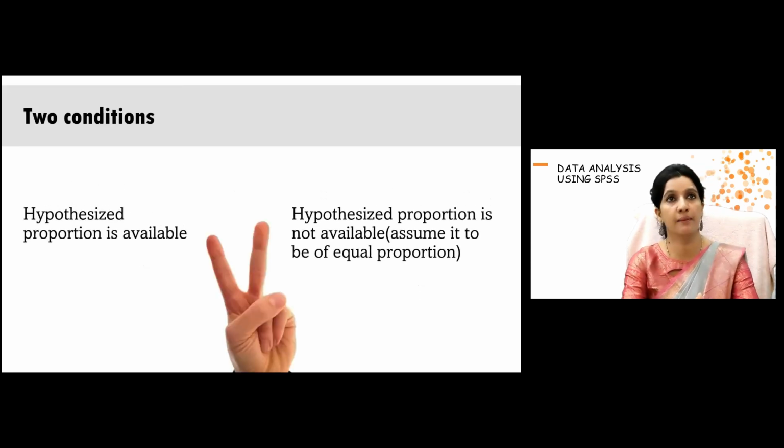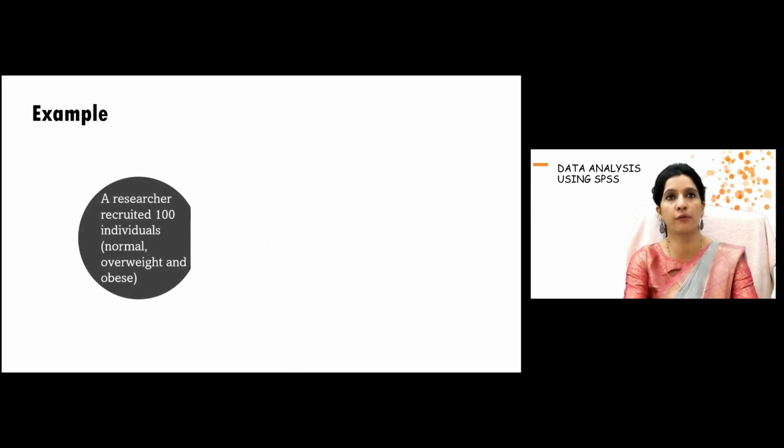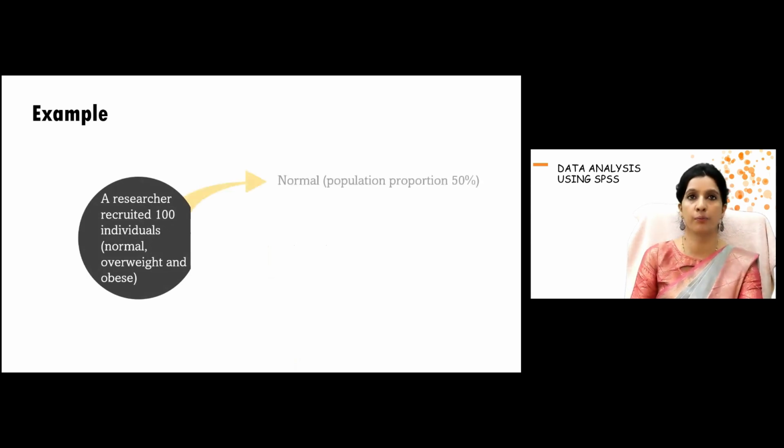So there can be two conditions. Either the hypothesized proportion is available, or if the hypothesized proportion is not available, then we assume that it is of equal proportion. Just think of an example: a researcher recruited 100 individuals, and there are proportions of normal, overweight and obese.